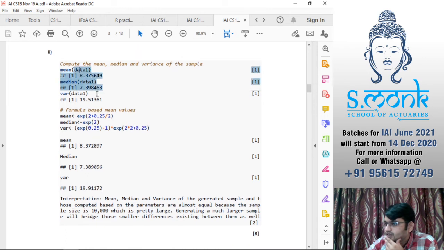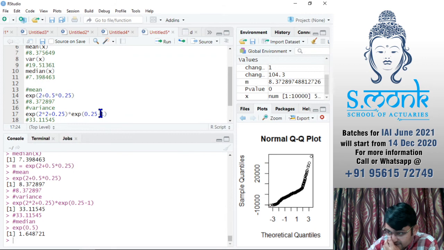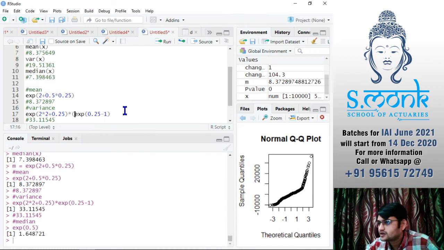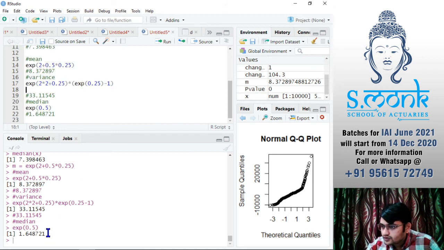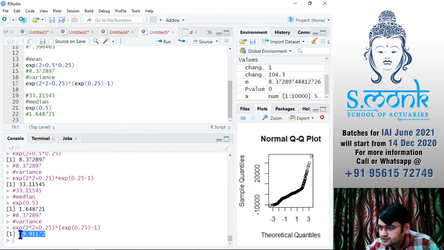Okay, these are the values. Variance, I may have made some mistake in calculating variance. Oh, okay, my mistake here. It should be exp sigma square minus 1. This was my mistake. So the variance, let's say control enter, variance is this.